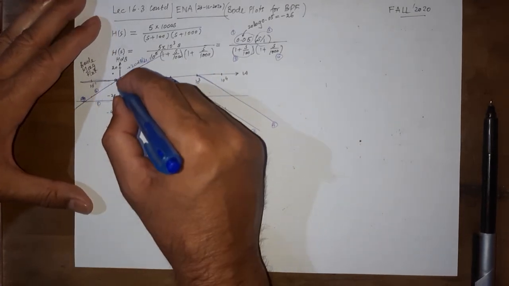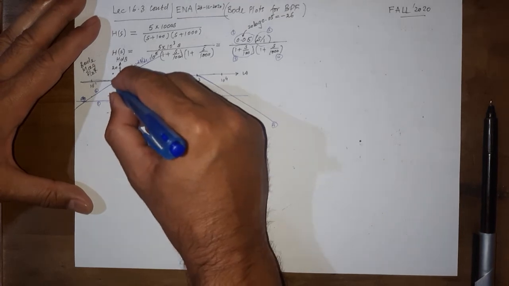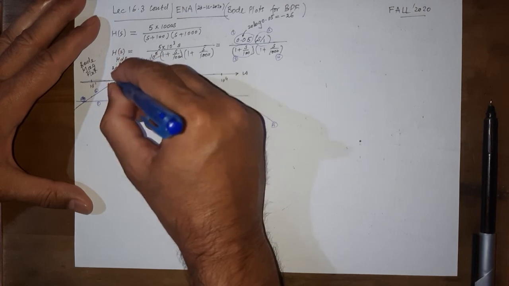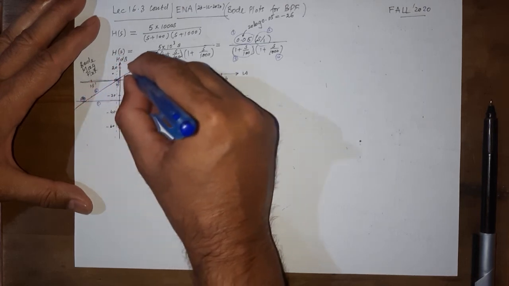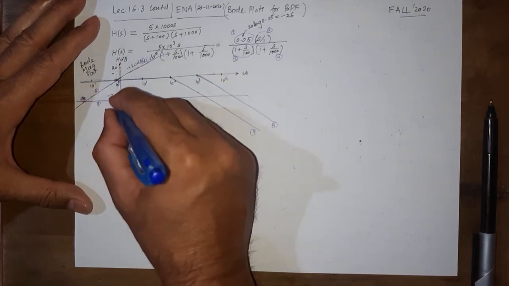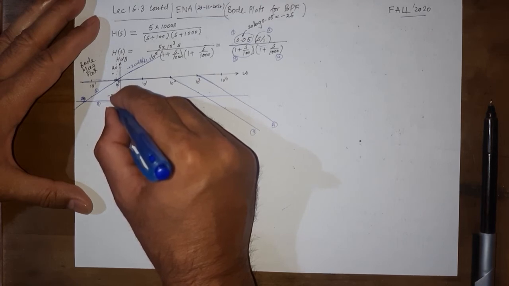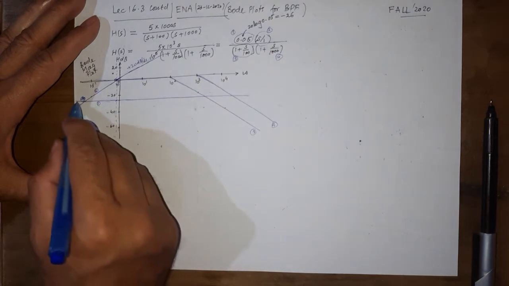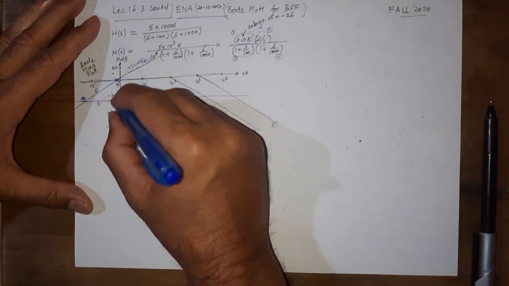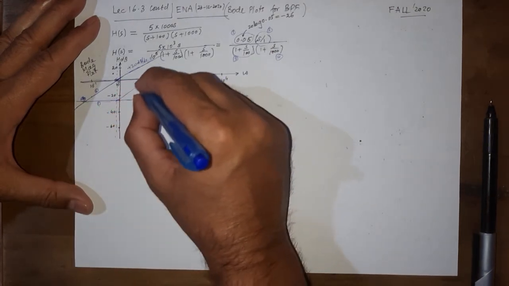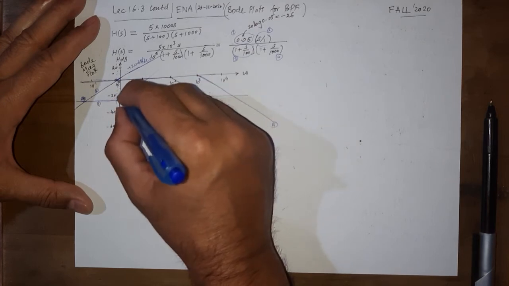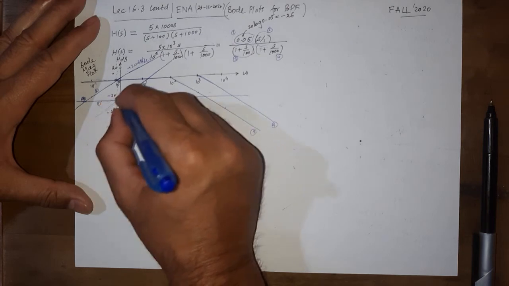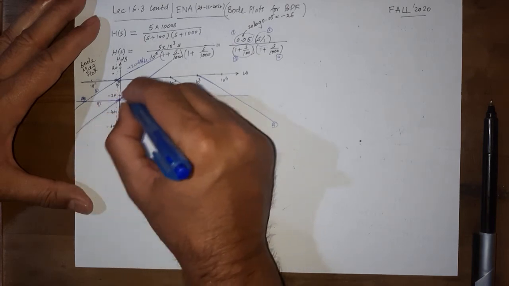If at this point, which is 10 raised to the power 0, that is 1 radian per second, this line is 0 and this is minus 26, so the result would pass from this point. A straight line going up and a constant, when added together, will be a straight line going upward.